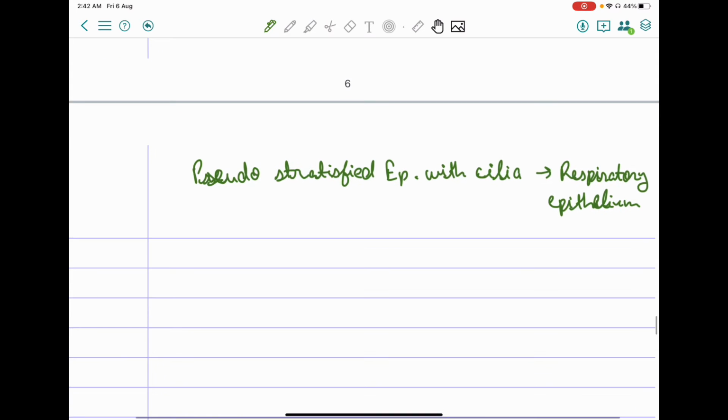Now again, we will talk about stratified squamous epithelium. Let's talk about it. So there was a rule.